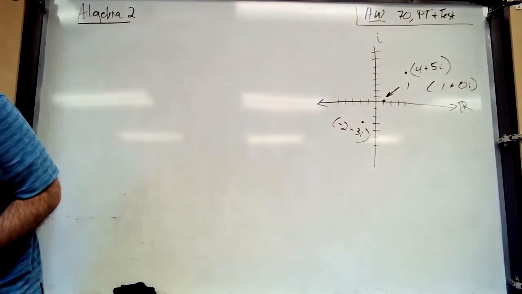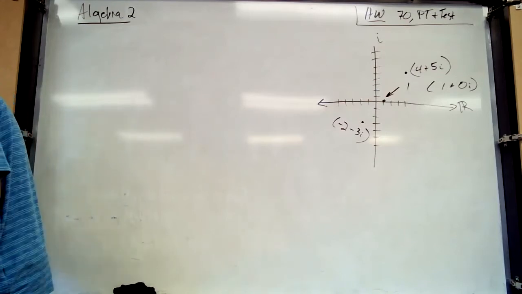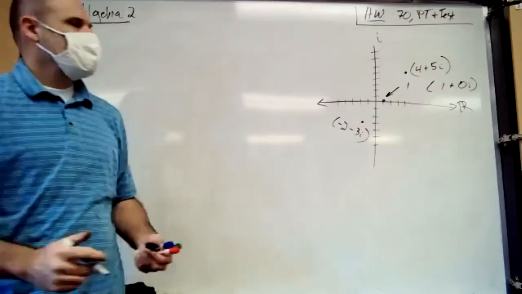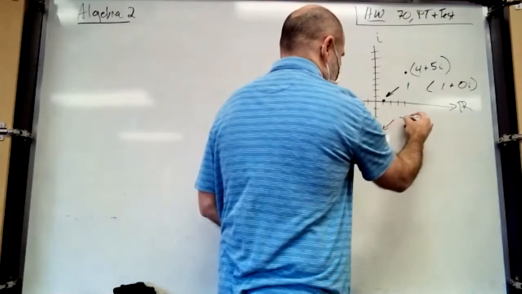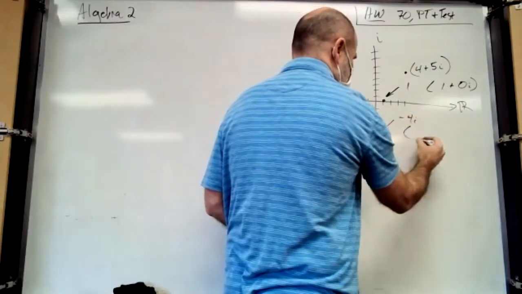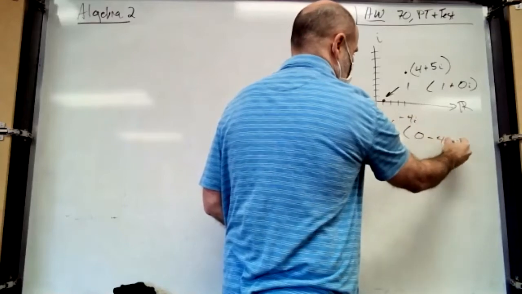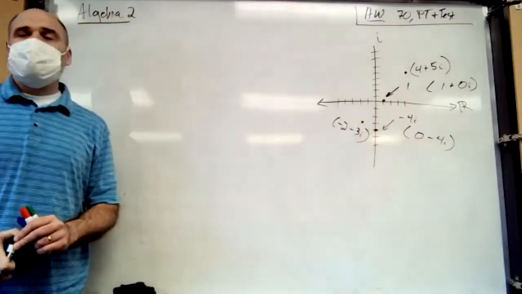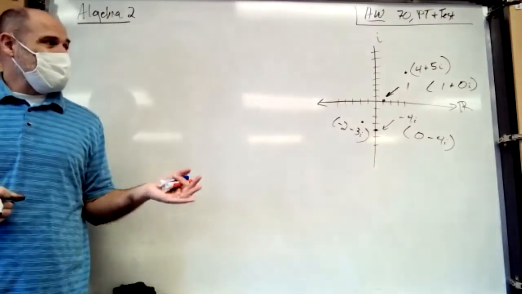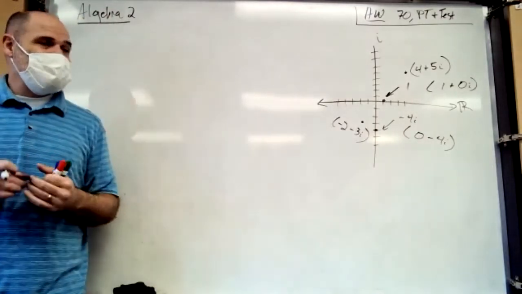And then of course you could do just an imaginary number. You could do like -4i. So this is -4i because it's 0 minus 4i. Okay, so you can still graph the real numbers and imaginary numbers separately on this coordinate plane.